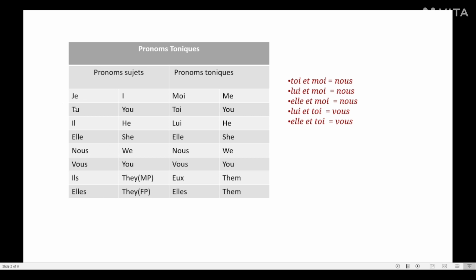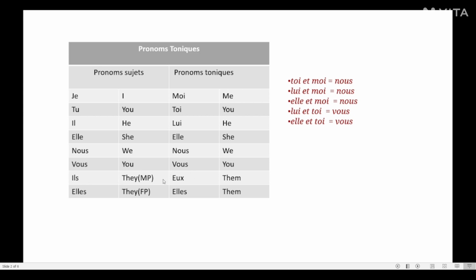Now for je we use moi, meaning me. For tu we use toi, meaning you. For il we use lui, meaning he or him. For elle we use elle, meaning she or her. For nous we use nous, meaning we or us. For vous we use vous, that is you.